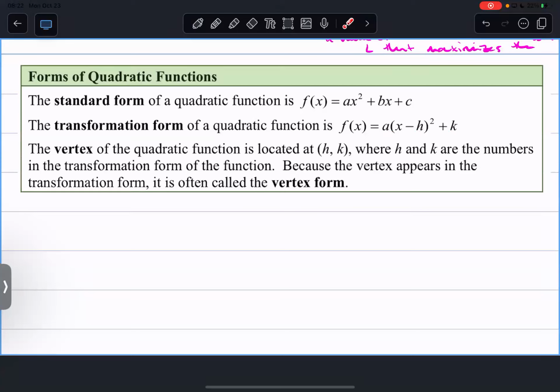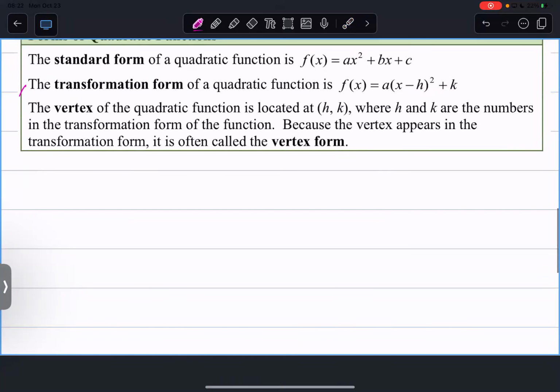And so if we have the standard form, if we transform it into the transformation form, then why do we call it the transformation form? It's because it outlines the transformation from x squared to the standard form explicitly.